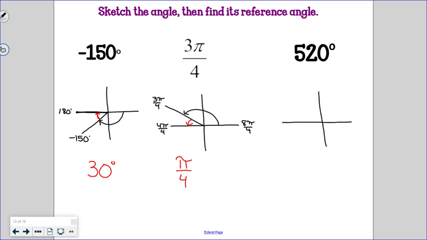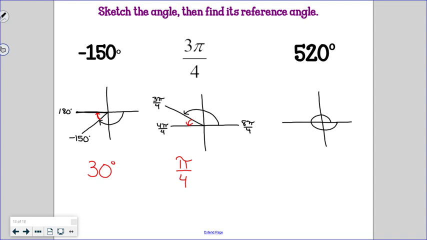Now, on that first page I said using 0 or 180 or 360 was your only option. Yes, but we have to adjust for this a little because we're bigger than a full circle. As I draw 520 degrees, talking through it might help you figure out your reference angle. That's bigger than a full circle, right? So I'm going to go with the 360 to start with. Then we start working in increments of 90 degrees.